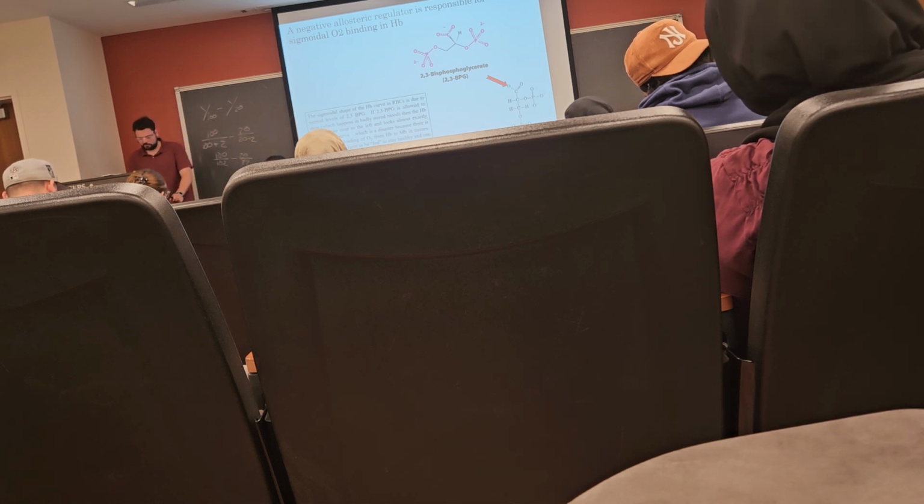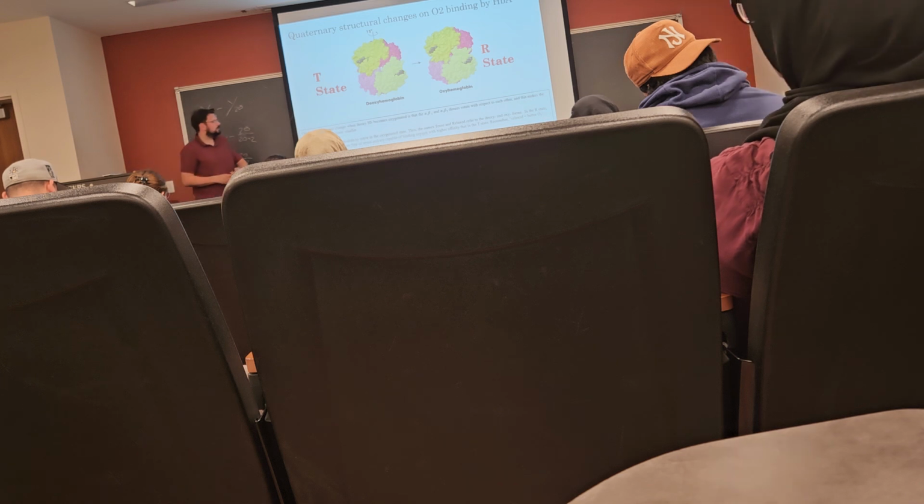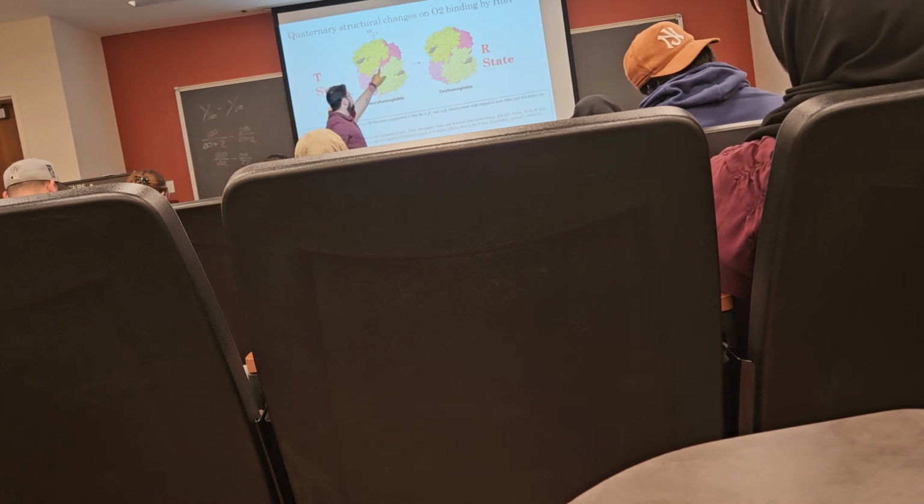And why does it matter that we have a 5 minus charge? Well, remember when we talked about the transition state from R to T, we said that one alpha beta dimer twists about 15 degrees relative to the other alpha beta dimer. And it closes this pore, right, when those two rotate.